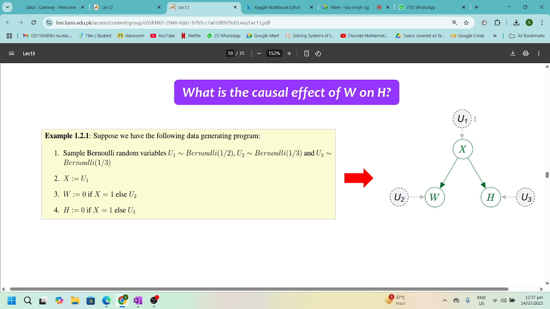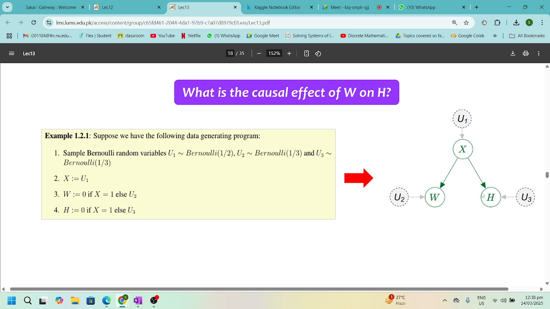So I know that U1 generates X, and when you look at the third line and the fourth line, you see that W equals 0 when X is 1 and H equals 0 when X is 1, which automatically causes us to make these arrows.